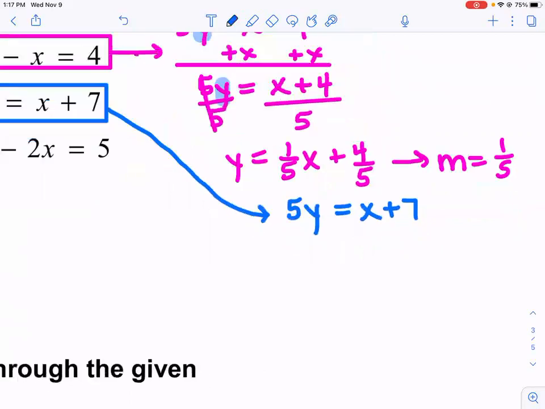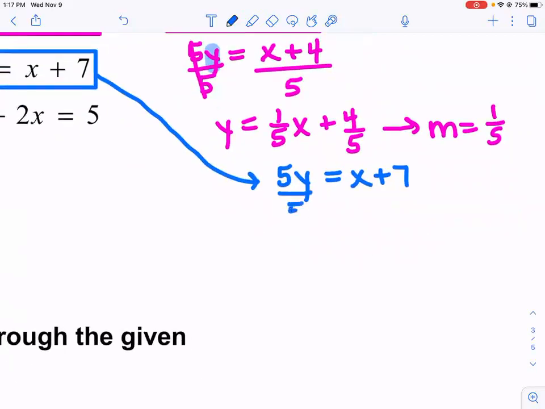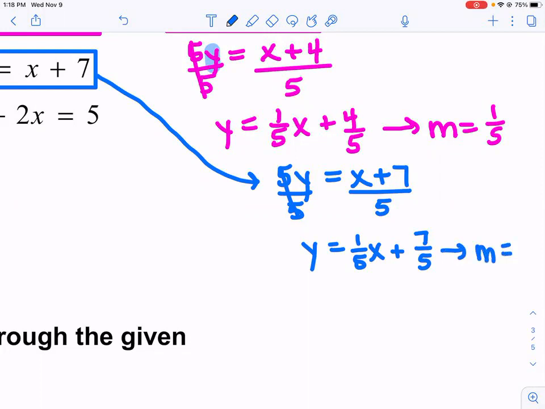We need to divide both sides by 5. Y equals x divided by 5, 1/5 x, plus 7 divided by 5. Jeff, what's the slope of this line?